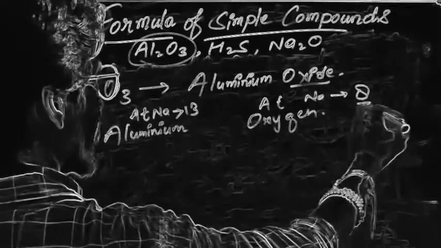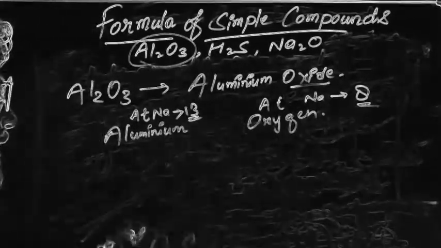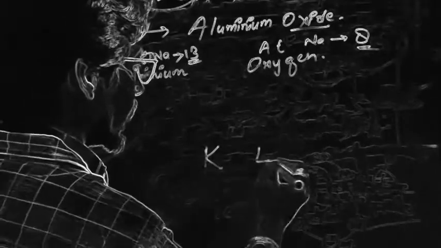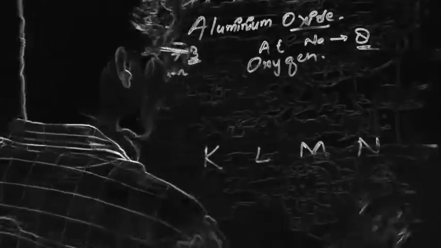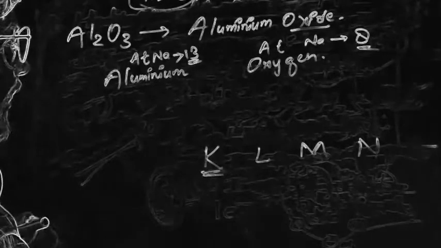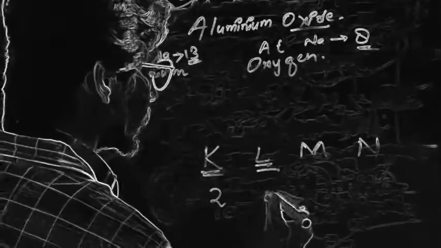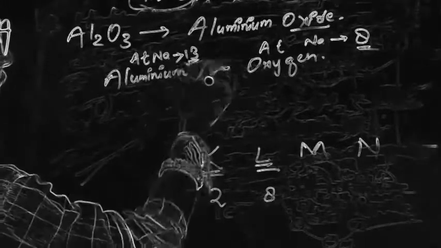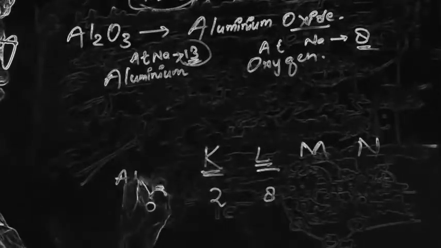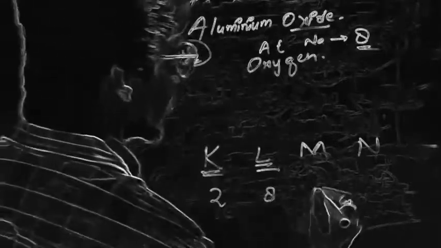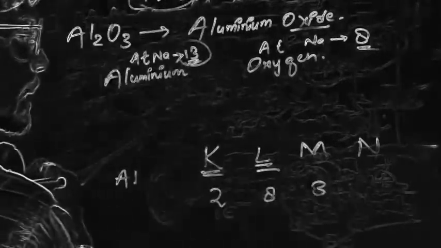If you know atomic numbers, it's very easy to find the valency, because you can do KLMN. How many electrons will go in K? 2. It has the capacity of filling 2. In L, 8. Regarding aluminium, we have to fill 13 electrons and 10 are filled. So 3 remaining will go in M.